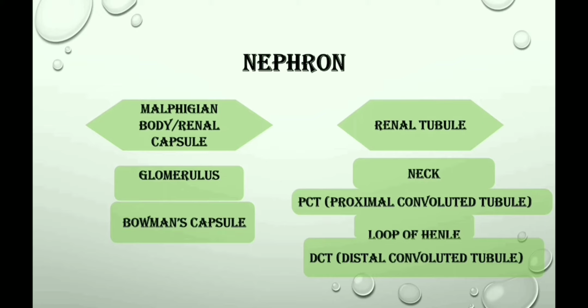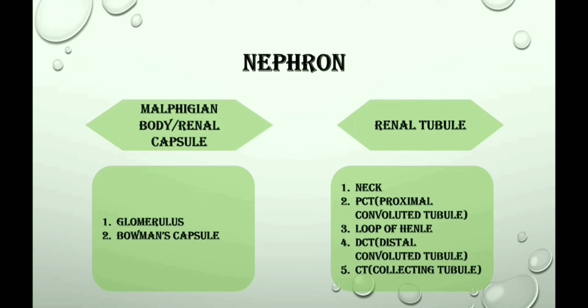And this DCT is connected to a short straight tubule called as collecting tubule. Now, the collecting tubules of many nephrons open together in a common duct, that is called collecting duct, that we'll see in detail further.